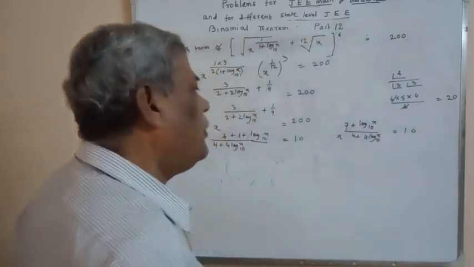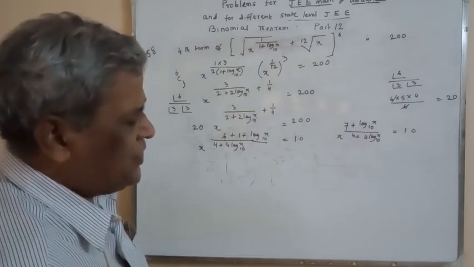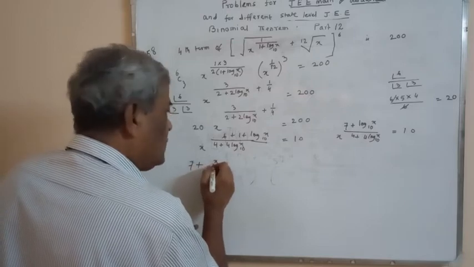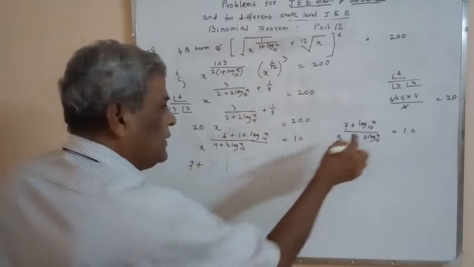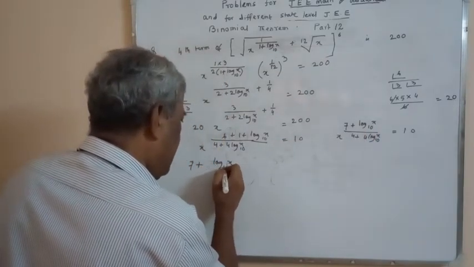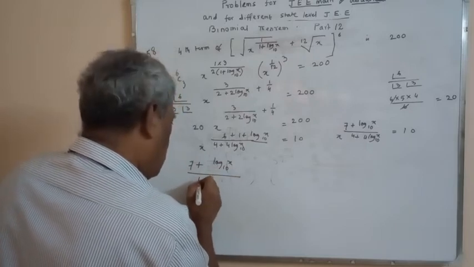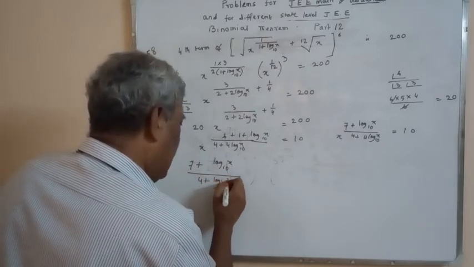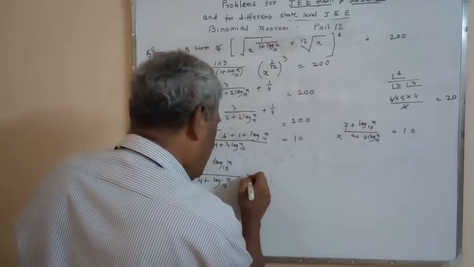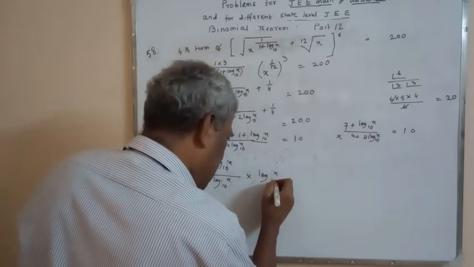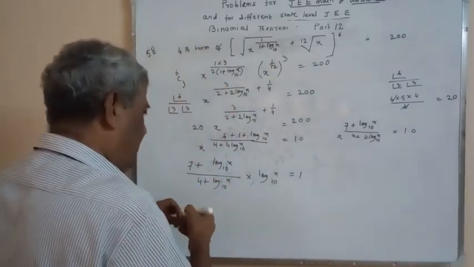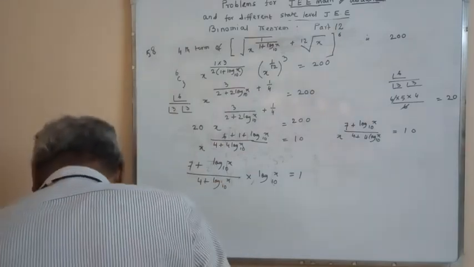Now taking log on both sides, base 10, we must have 7 plus log x base 10 by 4 plus log of x base 10 power into log x base 10 is equal to log 10 base 10, which is nothing but 1.